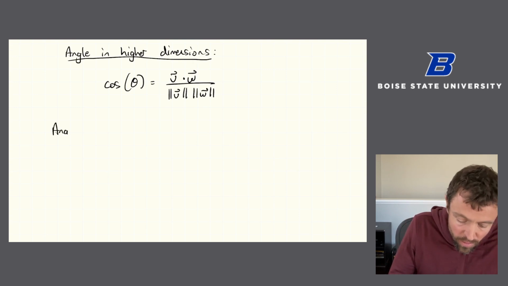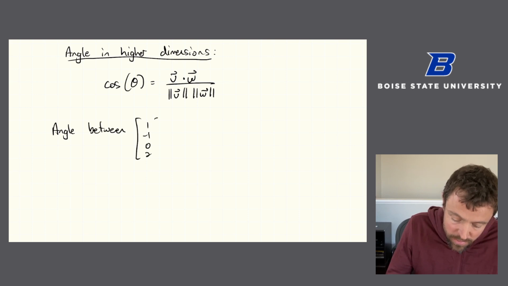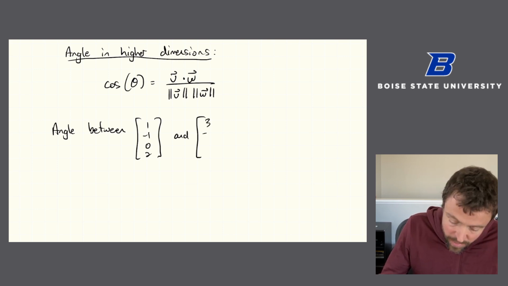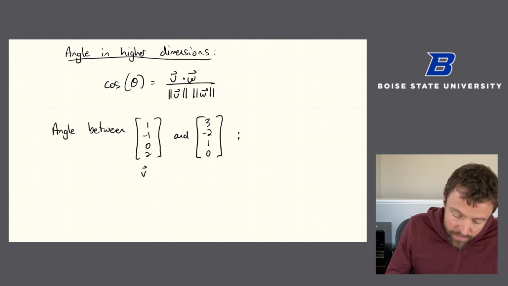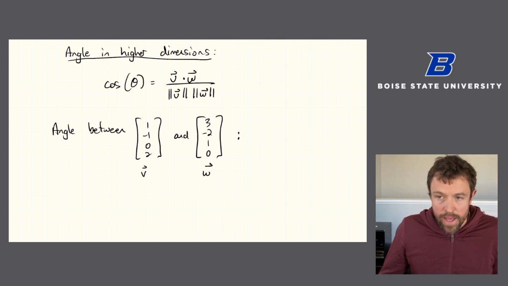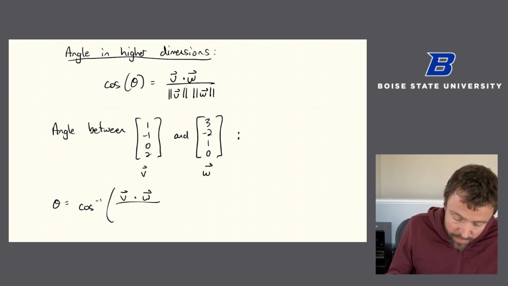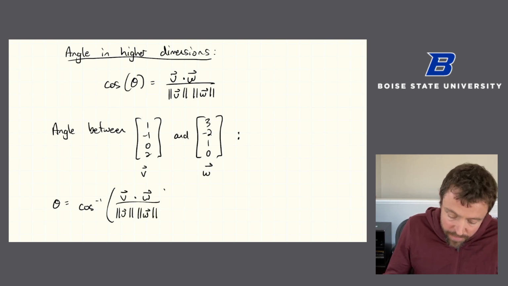We have no visualization of this, but if, for instance, I want to know the angle between (1, -1, 0, 2) and (3, -2, 1, 0), I'll call this V, I'll call this W. The angle is going to be the arc cosine of V dot W divided by the length of V times the length of W.